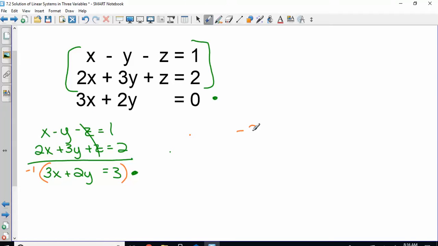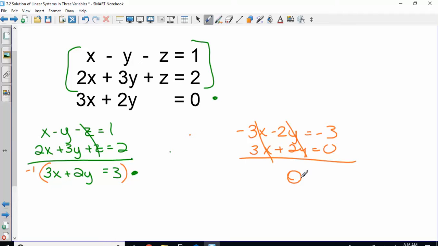So that gives me a negative 3x minus 2y equals negative 3. And the other one was 3x plus 2y equals 0. And you add those together, x and y cancel, so you get 0 equals negative 3.